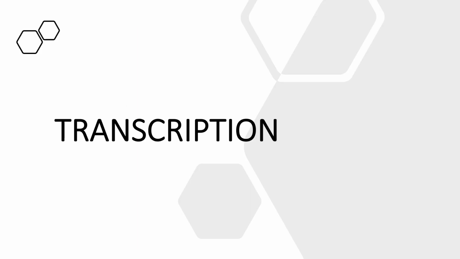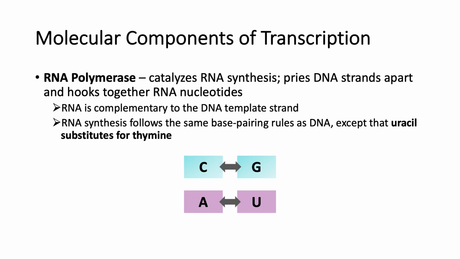Now let me talk about the process of transcription or the synthesis of RNA under the direction of DNA. Let us first talk about the molecular components of transcription. First on the list is RNA polymerase. This enzyme catalyzes RNA synthesis and pries DNA strands apart and hooks together RNA nucleotides.